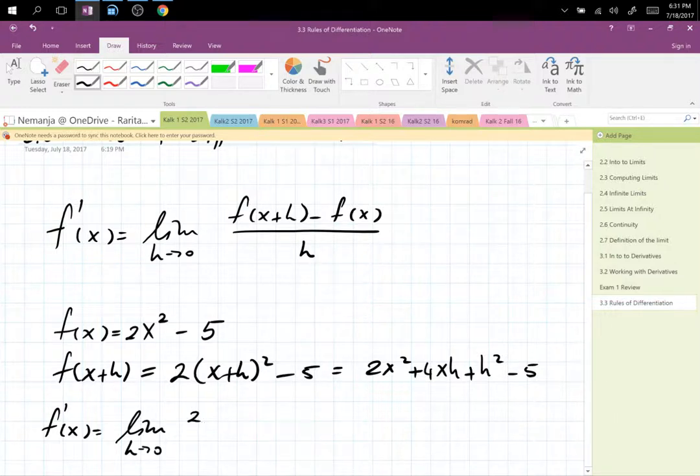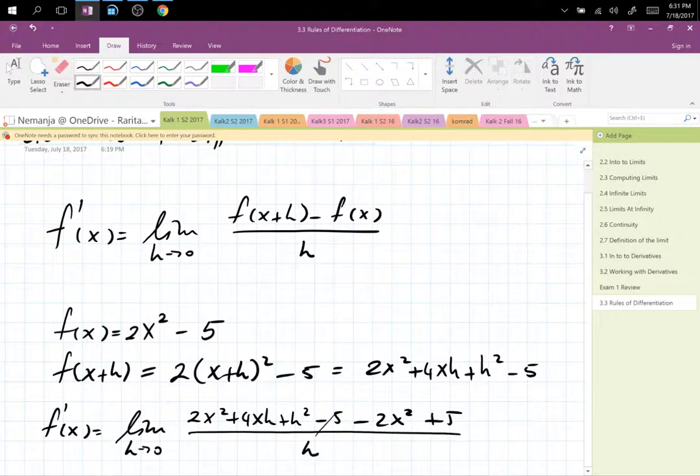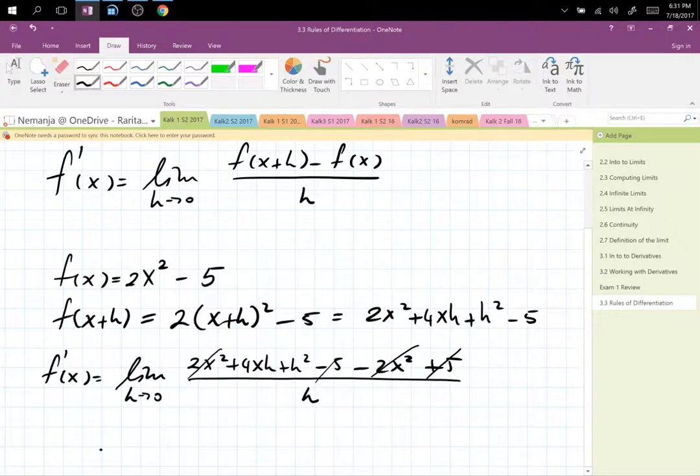So that's going to be 2x squared plus 4xh plus 2h squared minus 5 minus 2x squared plus 5 when you apply the negative sign, over h. So 5 dies and 2x squared dies, and you can factor out h to leave 4x plus 2h over h.